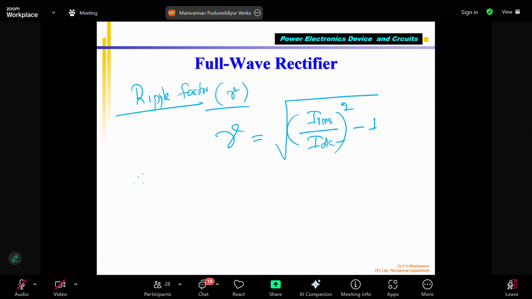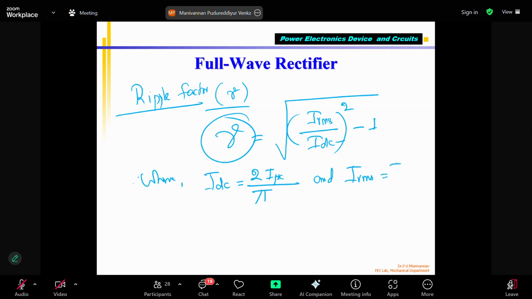To compute this, we know the IDC for a full wave rectifier is equal to 2 into I peak divided by pi. And IRMS equals I peak divided by √2.